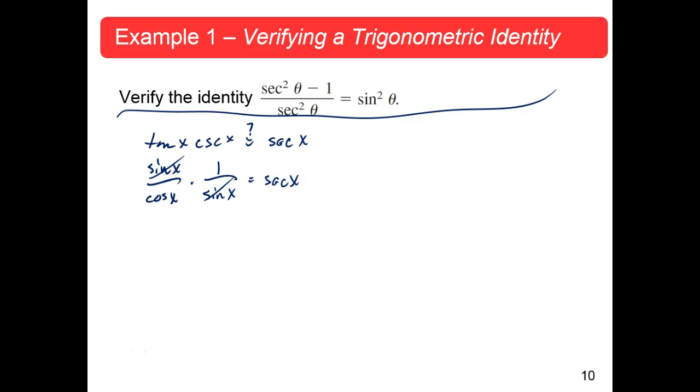Let's do the B one on the same line. Ooh, it may not be as simple, but let's try. Tangent x plus cotangent x, they claim, is equal to secant x times cosecant x.